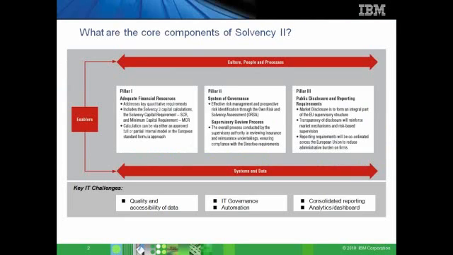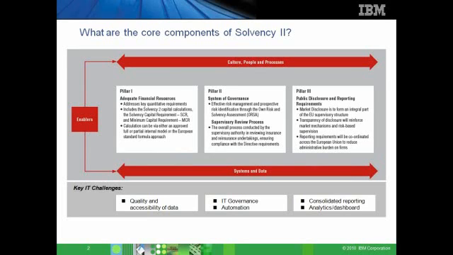What we want to do in this webinar is to discuss a bit more on the specifics around the architectural solution that could be applied for Solvency II. And when I say architectural solution, I mean the solution architecture, the infrastructure, and the data elements of that part of the program.